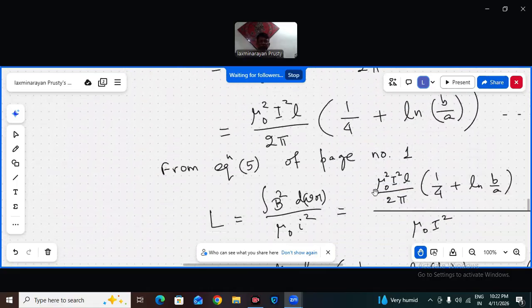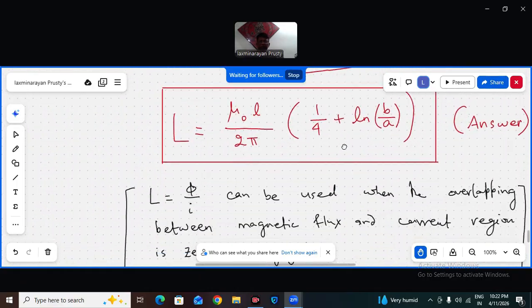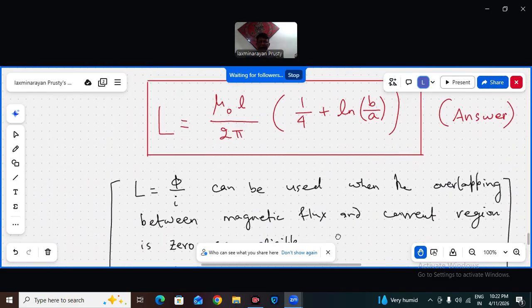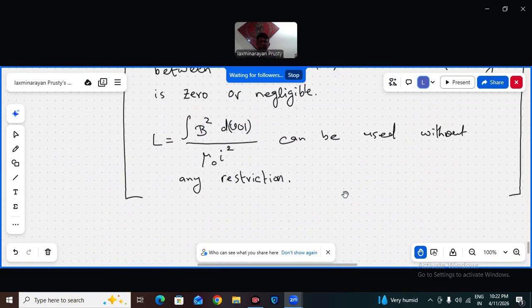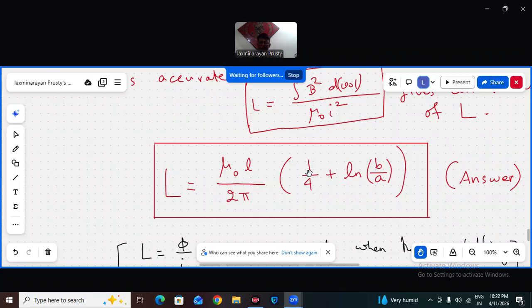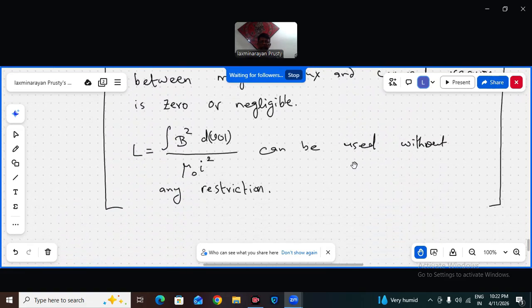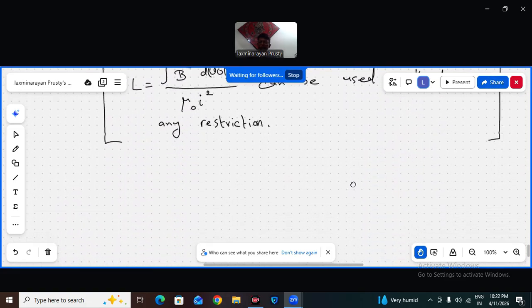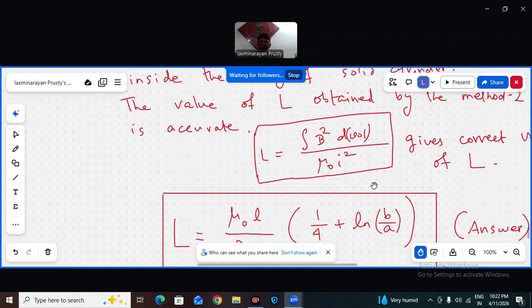But if a and b are comparable in dimension, then you cannot ignore this first term, and 1 by 4 will give you the accurate value of L. So it is a very conceptual discussion for you. Now you understood when to use L equal to flux by I and when you cannot use it.